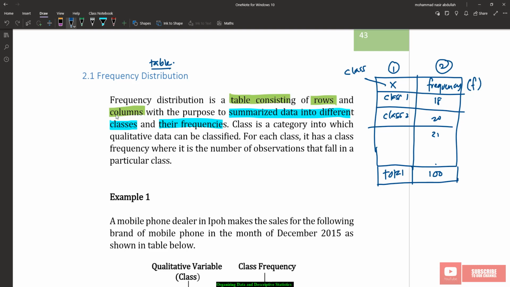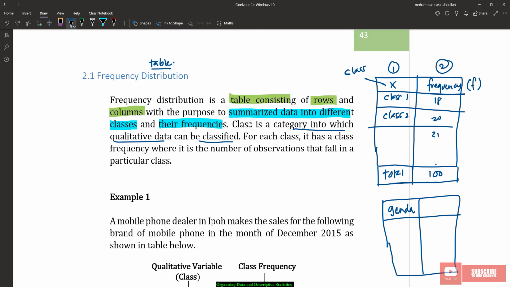So it says here, each class is a category into which qualitative data can be classified. Such as, example yang selalu kita pernah lihat, let's say we have gender, male and female, and then last is total.